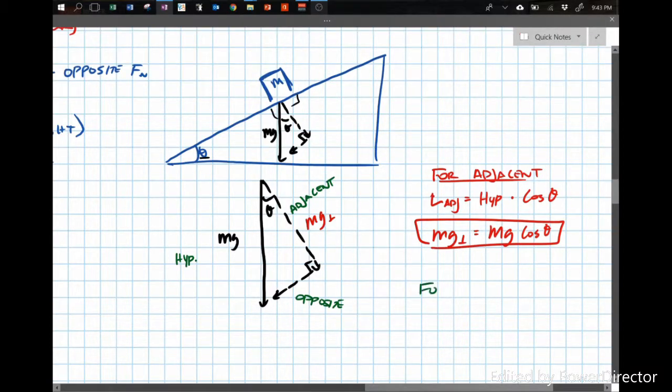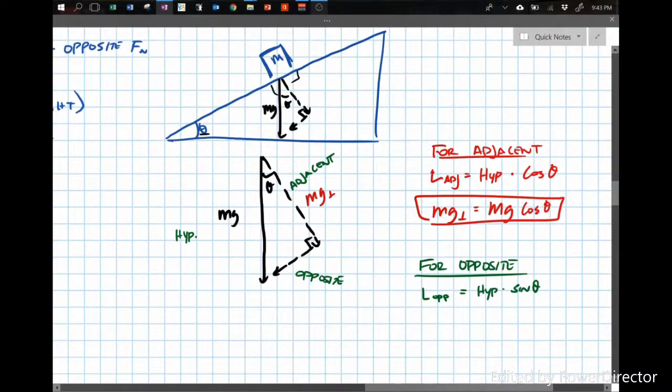Likewise, for the opposite side, the length of the opposite side is equal to the hypotenuse times sine of theta. And again, these are rules that are good to memorize that are always true. So the length of that side, that's the parallel to the plane side, or the down the plane side.